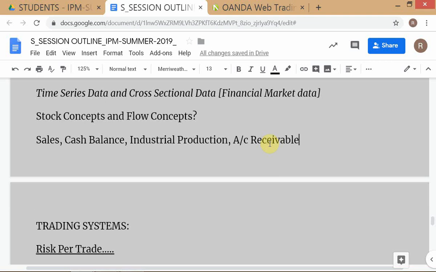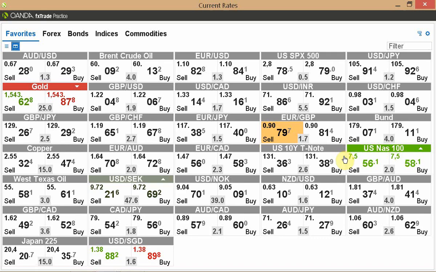There's another important concept distinction that I wanted to add to the time series versus cross-sectional data. You saw one example in financial markets. Actually, there are many other important examples of cross-sectional data that we are not able to cover at this point due to lack of time. Those are things like yield curves, implied volatility, term structure.